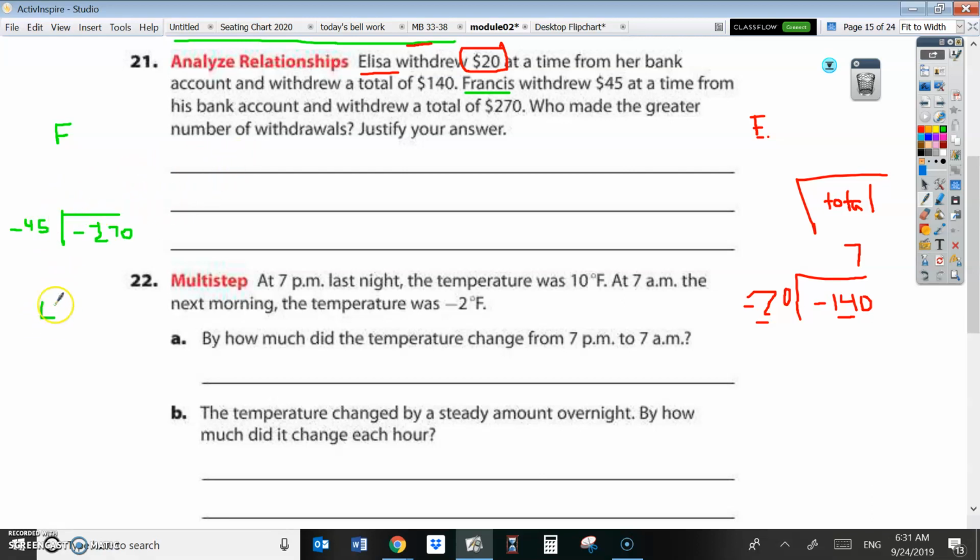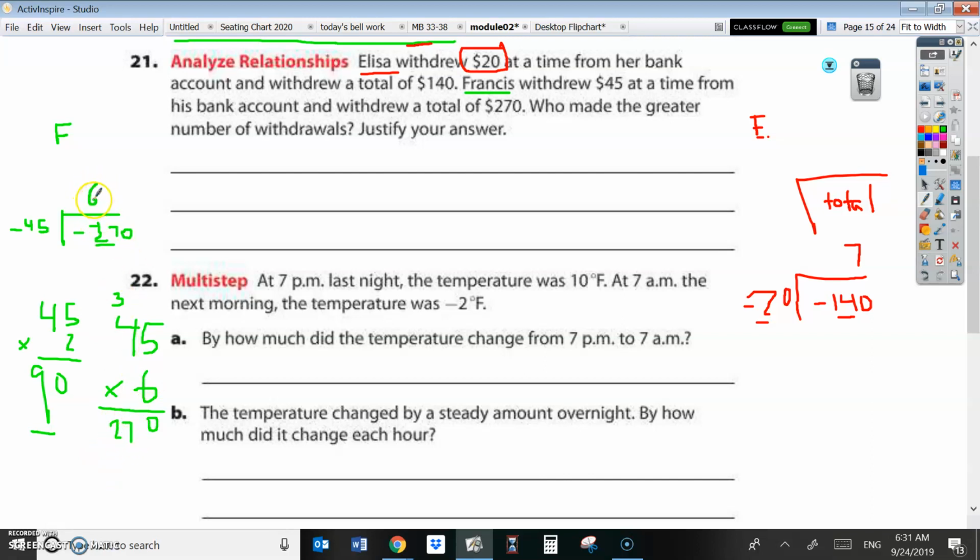I know that 45 times 2 is 90. And I know that 9 fits into 27 3 times. So 45 times 6 should equal 270. 24 plus 3 is 27.